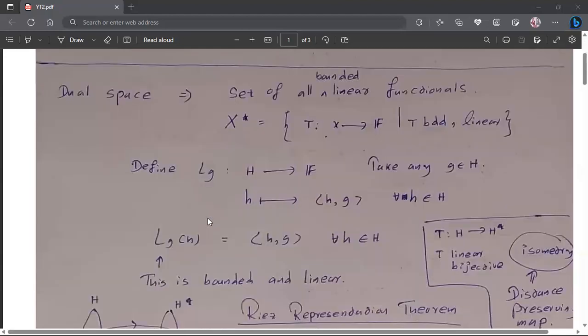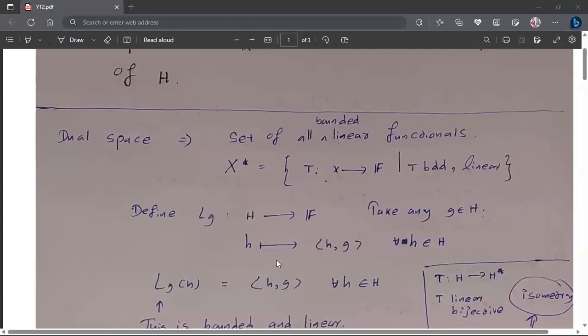So in a Hilbert space, the set of all bounded and linear functionals looks like this. It has this form. Here L_g means a function from the Hilbert space to the underlying scalar field, which takes each h in capital H, which means each h in the Hilbert space, and converts that vector into an inner product with some other vector g.